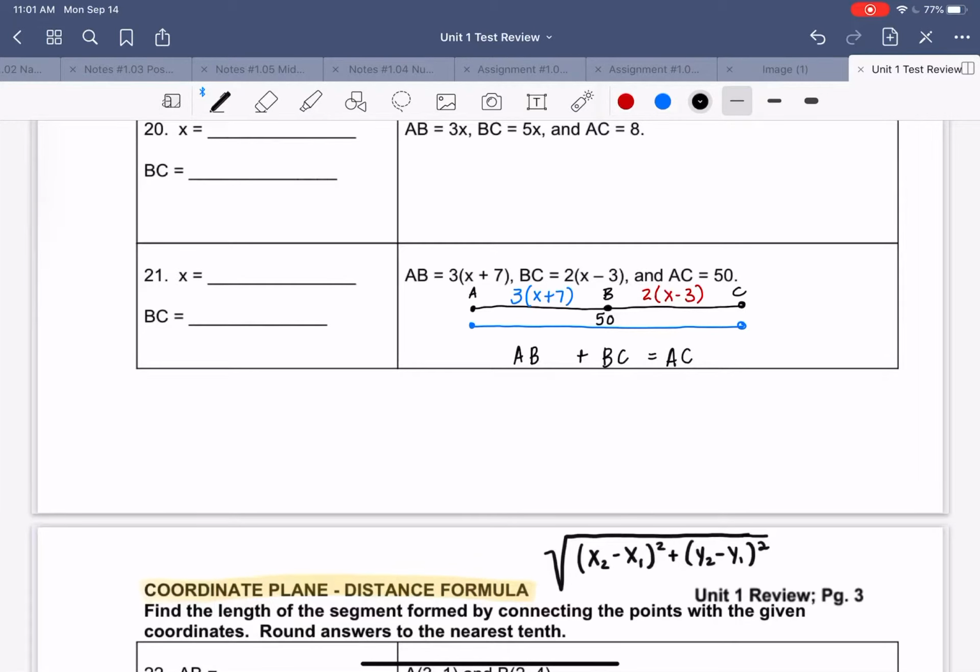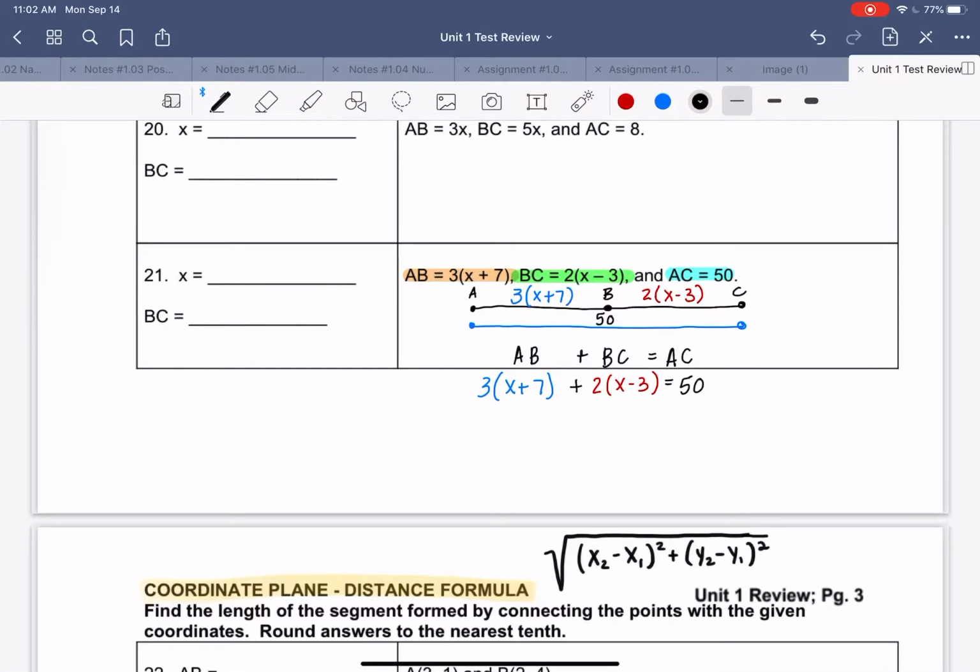Well, AB is 3 times X plus 7, so we have 3 times X plus 7 plus BC, which is 2 times X minus 3. So we're going to plug in 2 times X minus 3 equals AC, which is just 50. Okay.